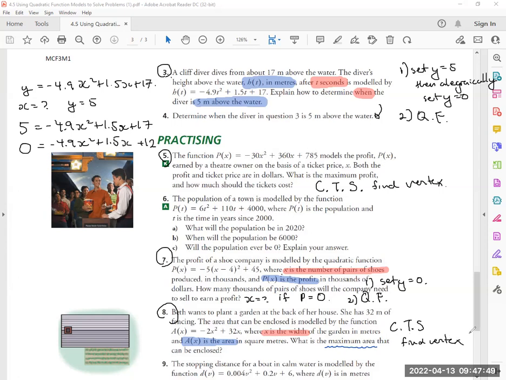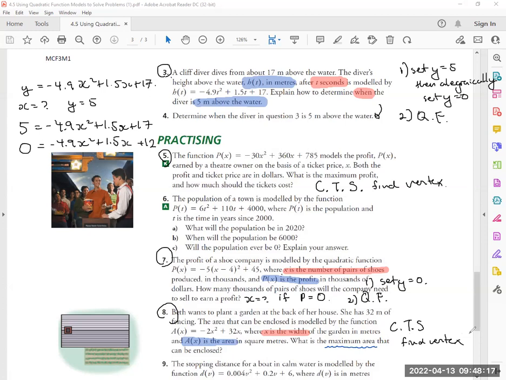If they have no mention of a max or a min, or an optimize, or the lowest or the highest, or anything like that, chances are you might be able to solve it using quadratic formula. Okay? So bottom line today, if you're really having trouble navigating these questions, look for the words max or min or anything along those lines.